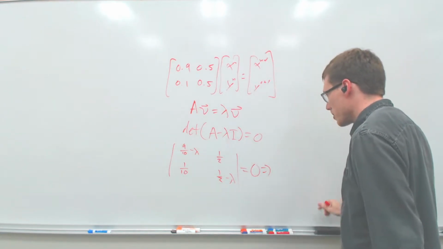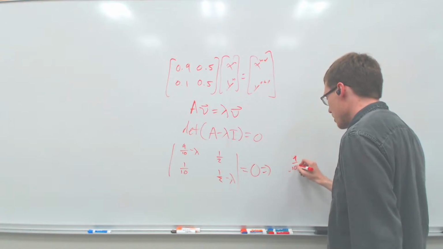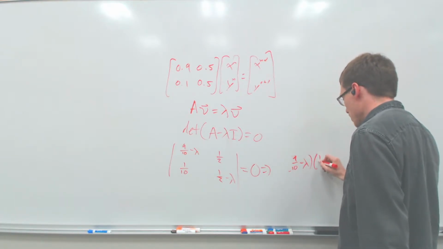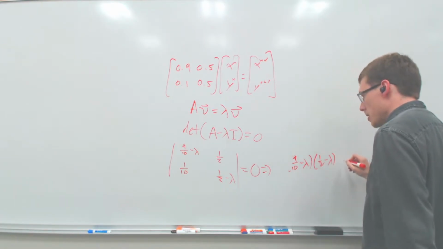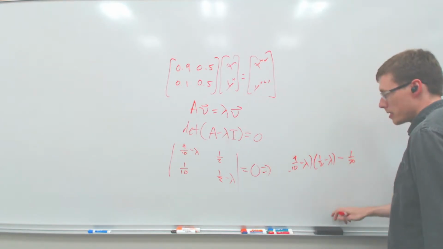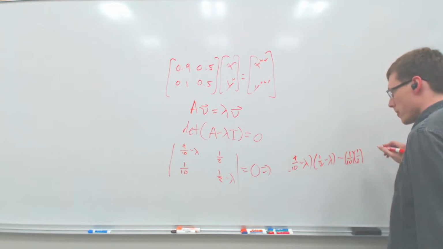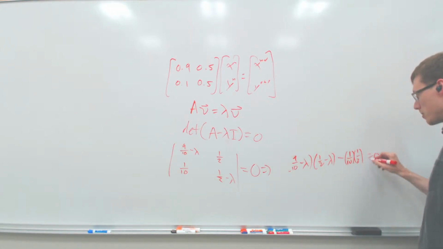So we've got to multiply 9/10 minus lambda times 1/2 minus lambda, and then we have to say minus 1/20, right? Or 1/10 times 1/2, which I'll write out: 1/10, 1/2. And that whole thing has to be equal to 0.